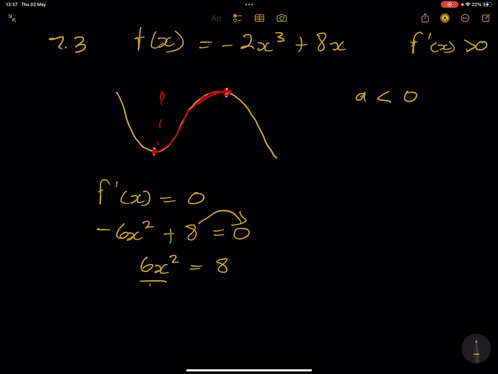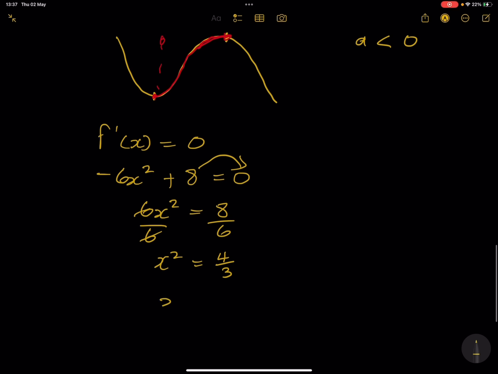So I can divide both sides by 6. Okay, so I've got x squared equals 8 over 6, that should give us 4 over 3, right? And x will be plus or minus the square root of 4 over 3.